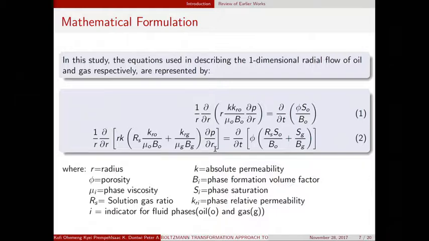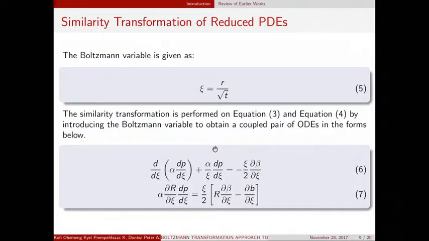We call it the implicit pressure, explicit saturation, where once you have this equation, you generate a pressure equation as well as a saturation equation. Then you solve the pressure equation implicitly, then you solve the saturation equation explicitly, then you come up with your solution for pressure and saturation distributions.